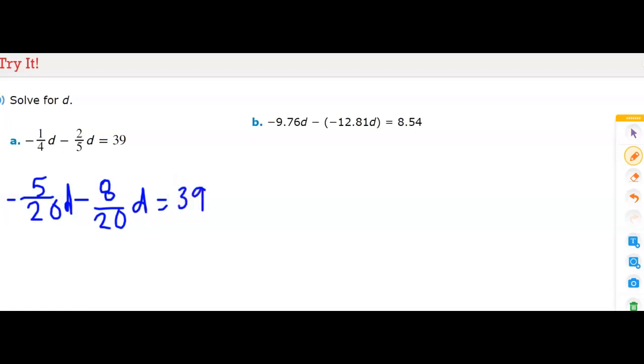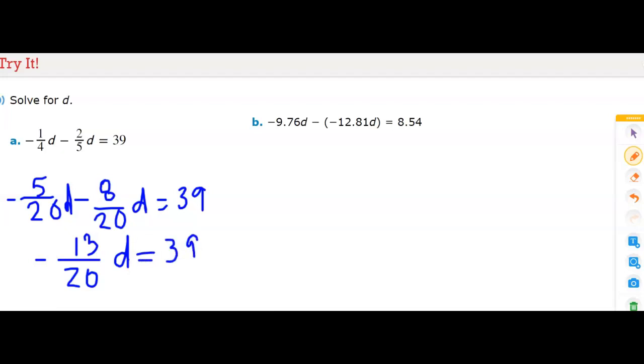So now I have my two fractions with the same denominator, and now I can combine them. So 5 and 8, I'm going to add those up, equals 13. So now I have negative 13 over 20 times d is equal to 39.